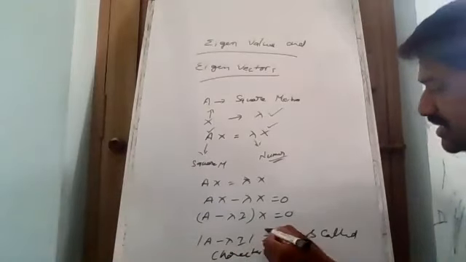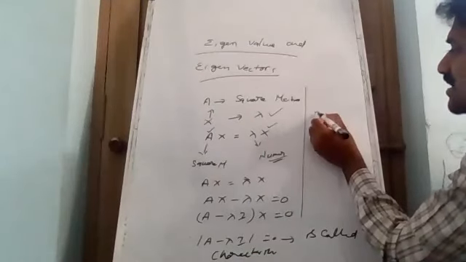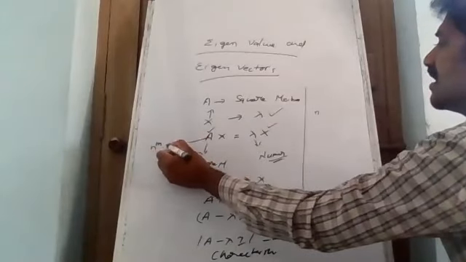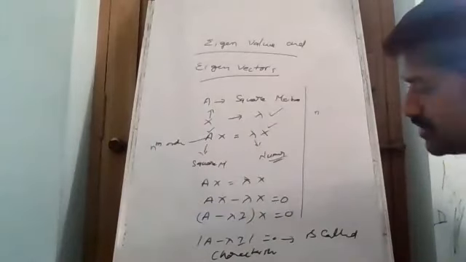Suppose A is an nth order square matrix, then definitely the determinant of A minus lambda I must be an nth degree equation.